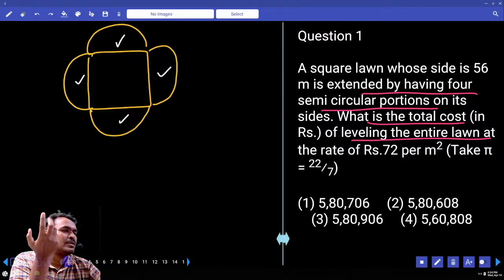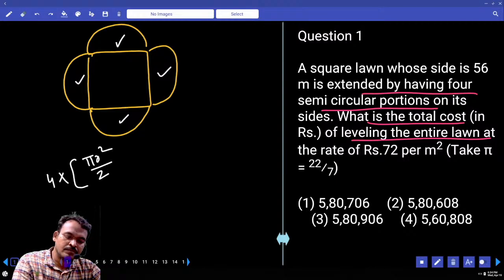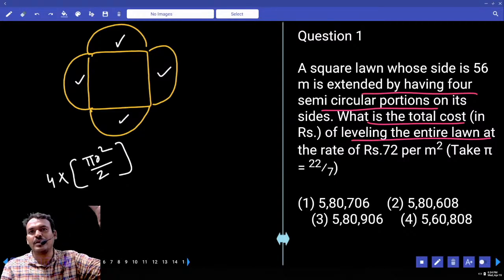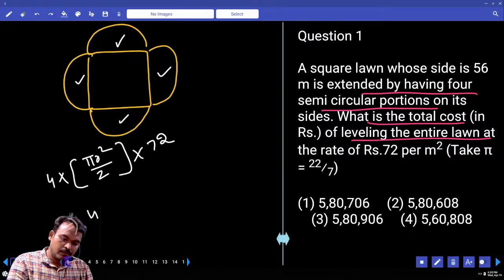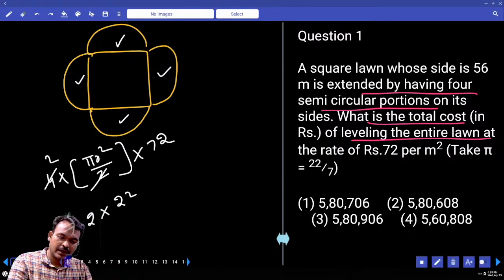What is the area of each semicircle? Pi r square by 2. How many semicircles? 4. Then we write 4 into pi r square by 2. It is the total area of the lawns, and every square meter costs 72 rupees. 4 into 1 by 2 is 2, so 2 into pi value 22 by 7.